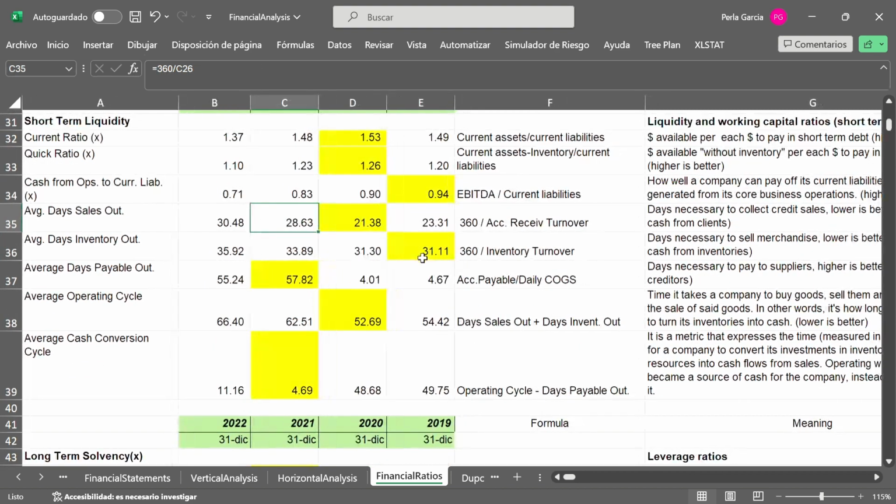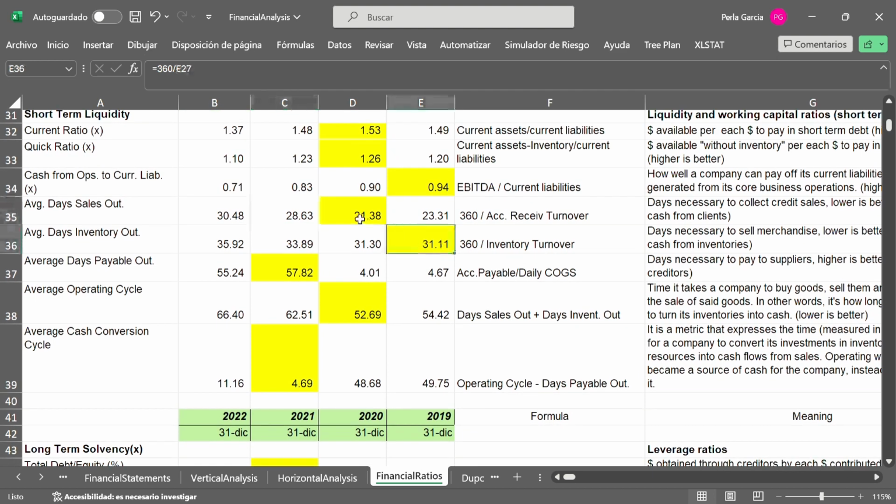Then the other one is about the inventory, as part of the days sales average. Here in 31.11 days, the company replaces or sells the merchandise for the sales.